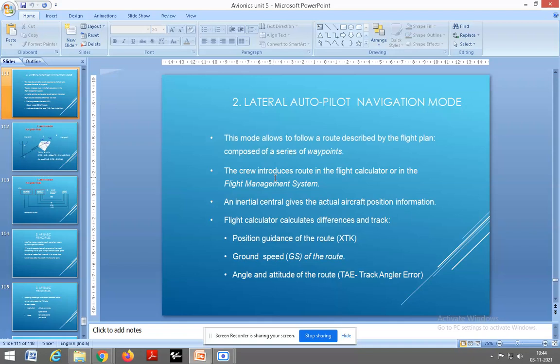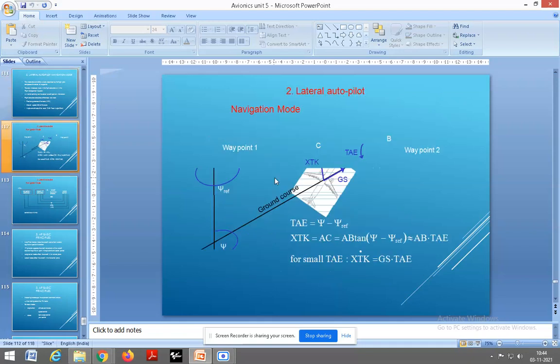Everything will be controlled by the flight calculator. This is the example given for the navigation mode.